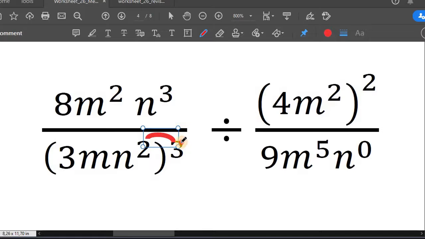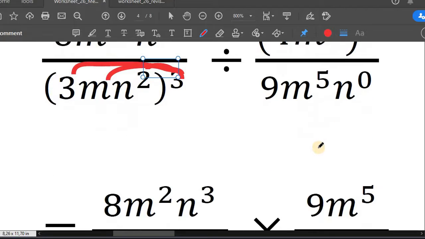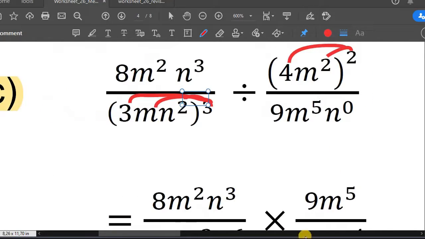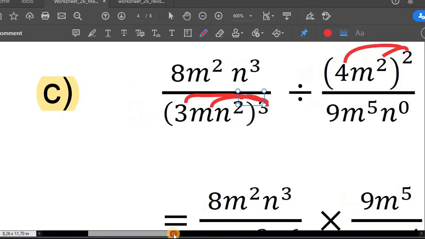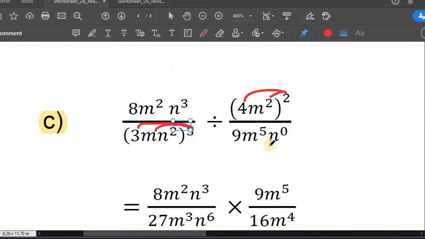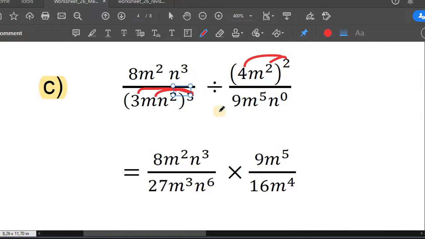This 3 is going to be multiplied by m and by 3. There are 1, 2, 3 parts there: the number 3, the m, and the n squared. And there are 3 things in there. Here, there are 2 things in there. So, let's just get this answer in there.